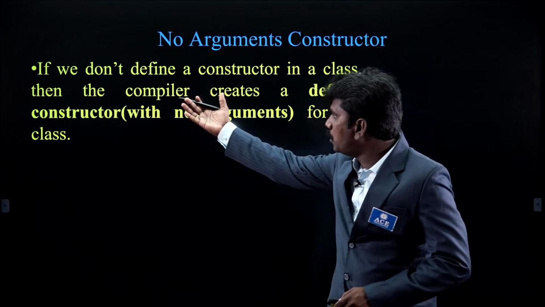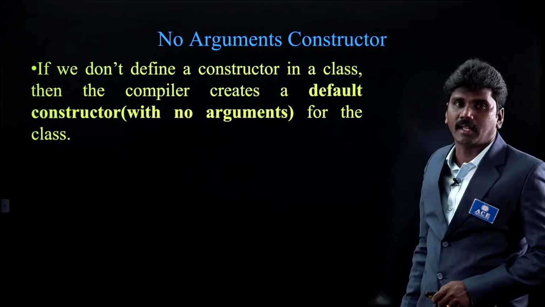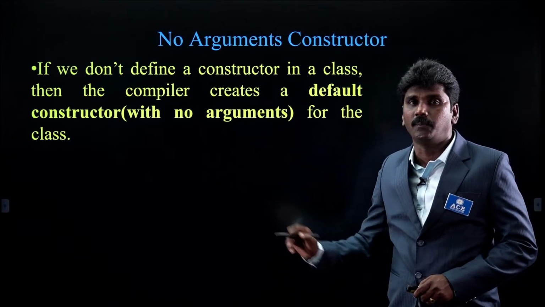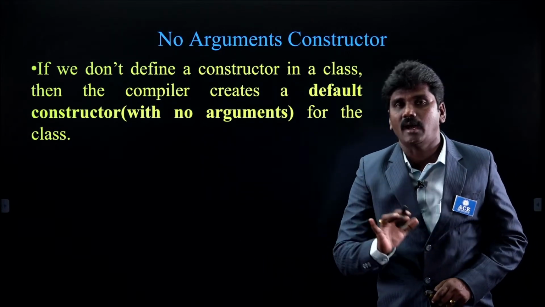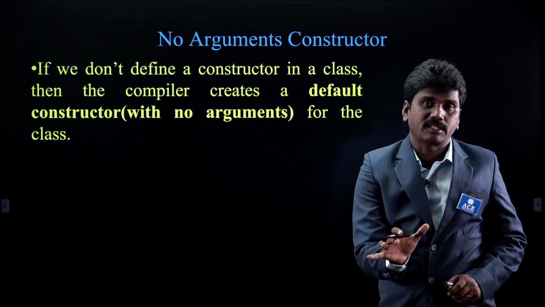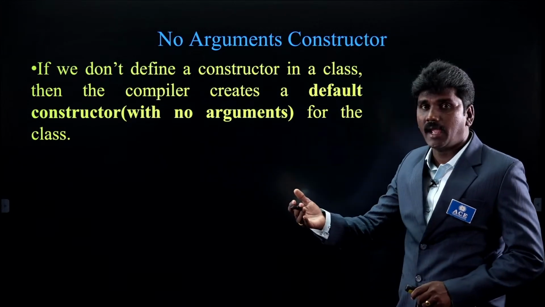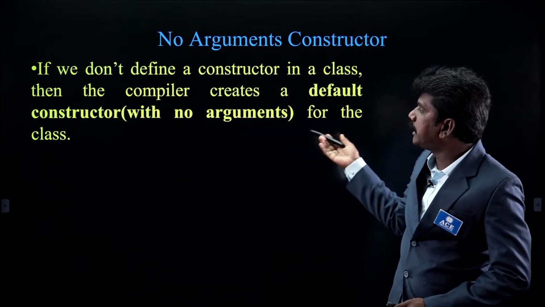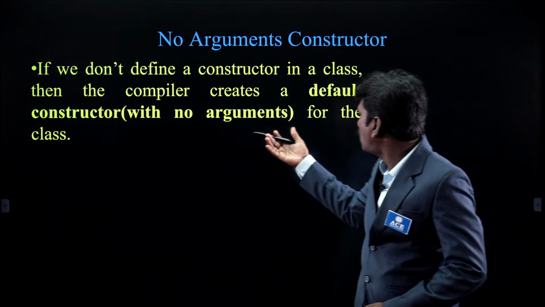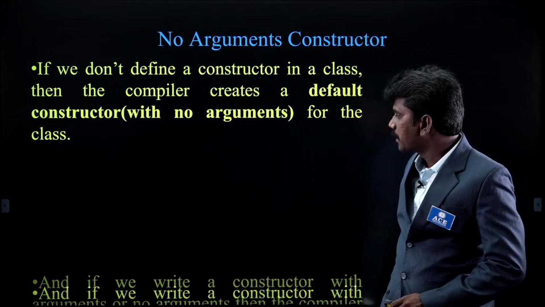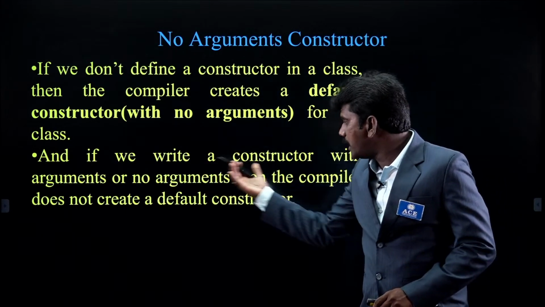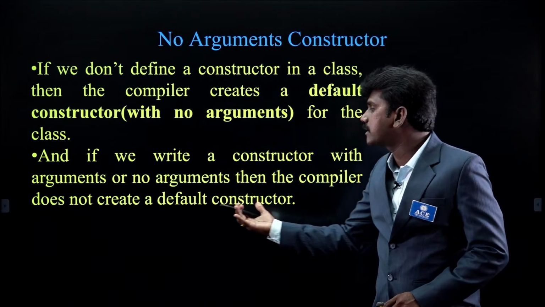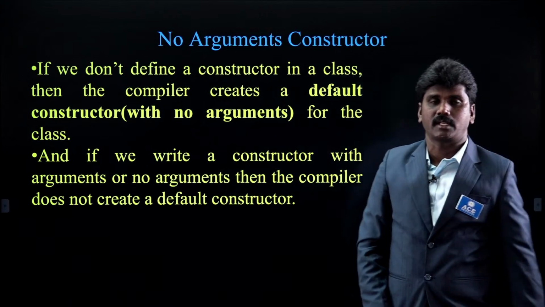Suppose we don't define a constructor in a class, just now we have seen one example. In that example, we have not defined or implemented any constructor. In that case, the compiler creates a default constructor with no arguments for the class. And if we write a constructor with arguments or no arguments, then the compiler does not create a default constructor.